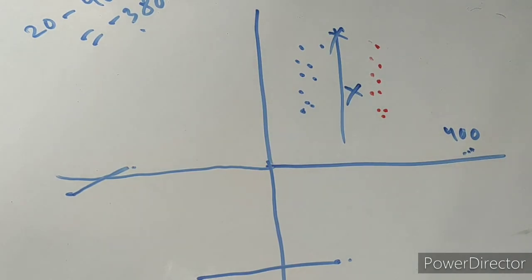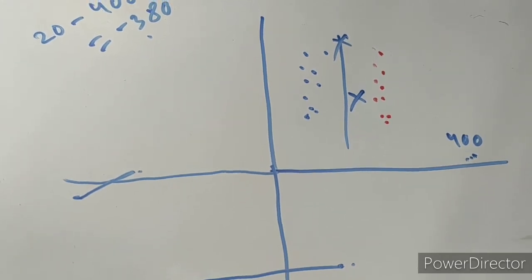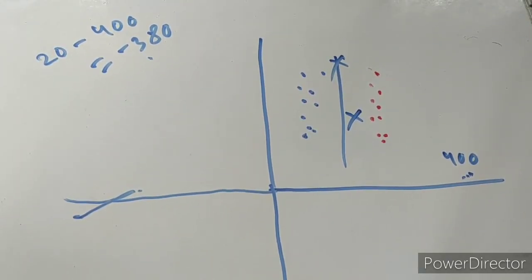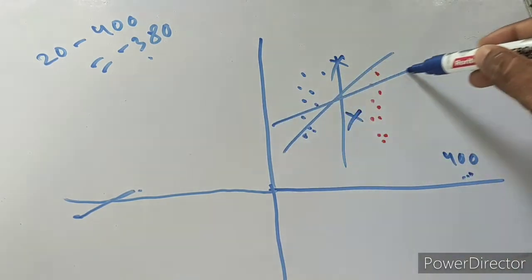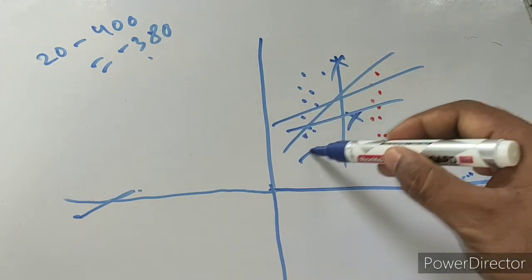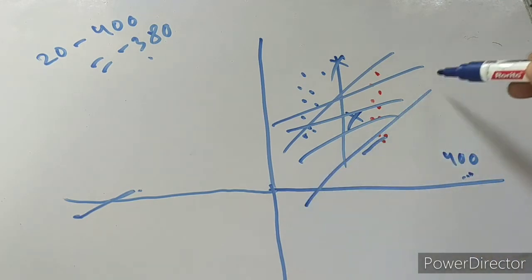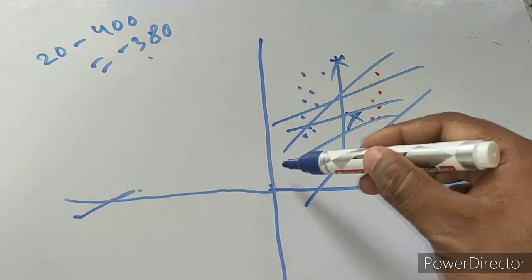Now let's check what will be our best fit line. As I told, we have to consider the maximum value, so we need to search what other lines are able to form. This could be another line, and this, and this.